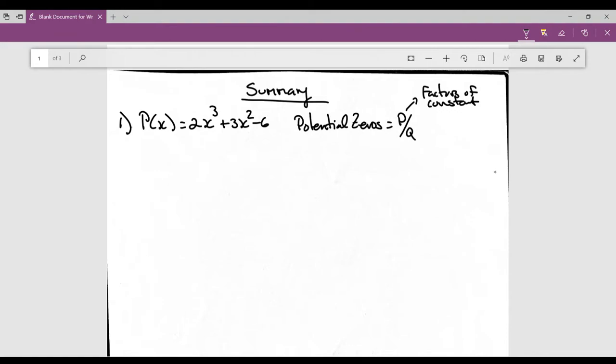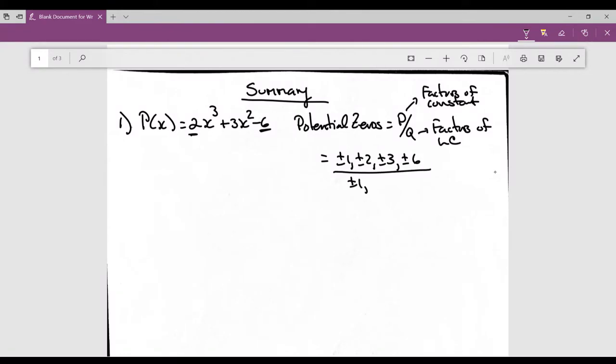Q are the factors of the leading coefficient, which I'm going to say LC, in this case 2. So factors of 6, plus minus 1, plus minus 2, plus minus 3, plus minus 6, over plus minus 1, plus minus 2, factors of the leading coefficient.